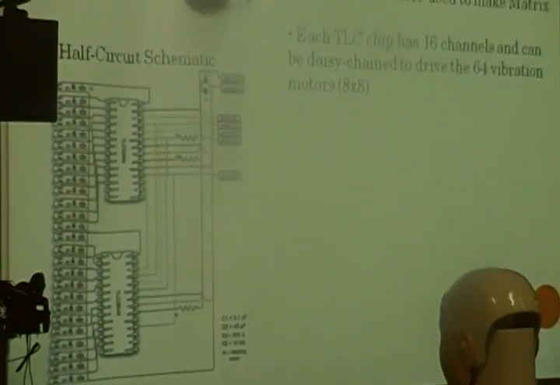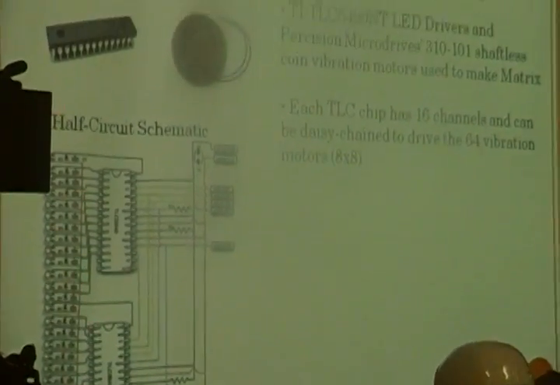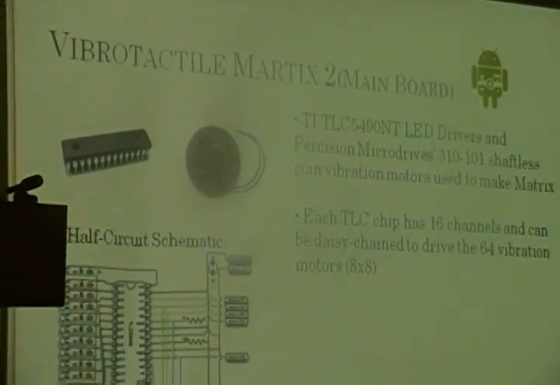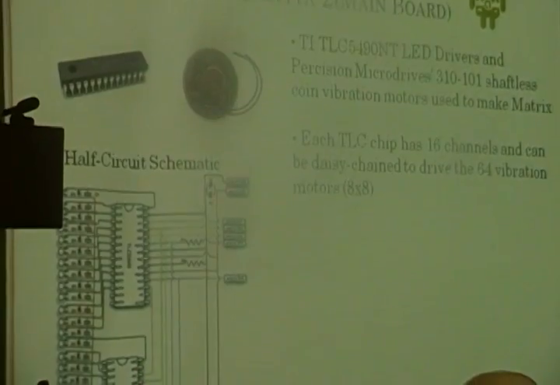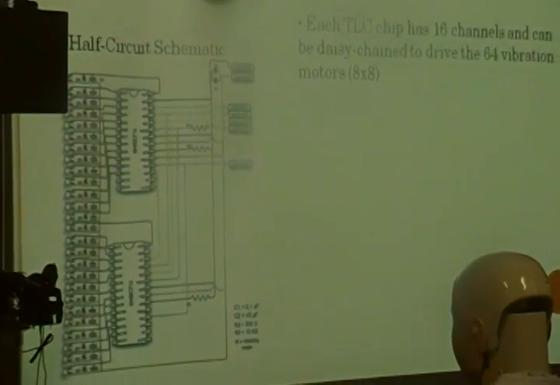We then daisy chained 4 TLC chips to drive our motors. The motors are connected across a smoothing capacitor and a snubber diode, to even out the sharp pulses from the pulse width modulation of the TLC chip, and the snubber diode prevents the inductive kick.